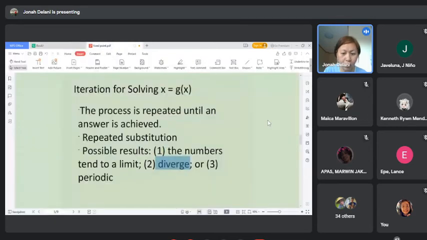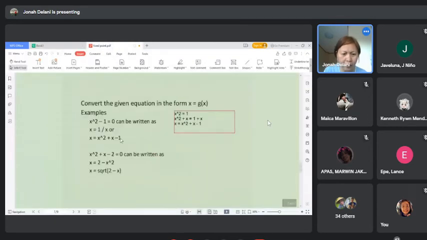The other fixed point equation is the square root of 2 minus x.